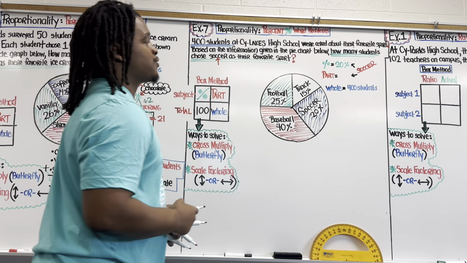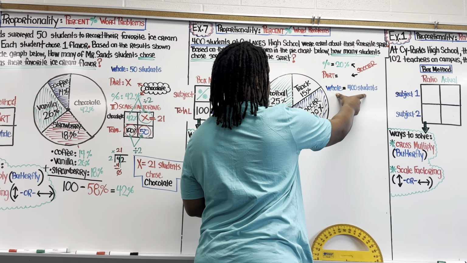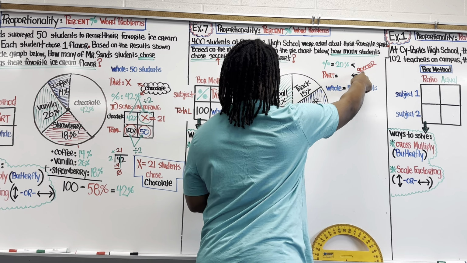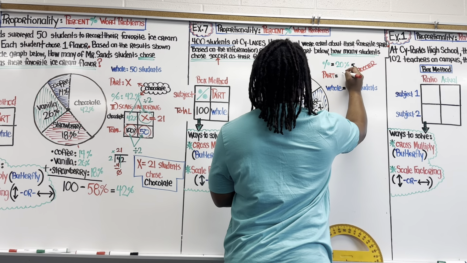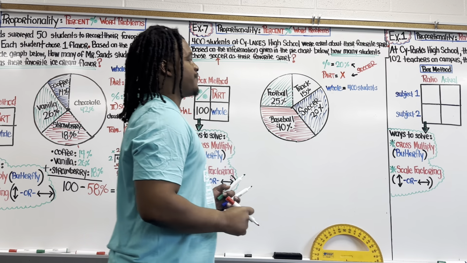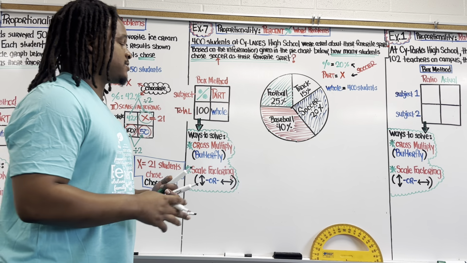And once again, guys, we don't know the part, but because we have the total number of students that participated and the percentage of the students that chose soccer as their favorite sport, we can find out the quantity, or the actual amount of students that chose soccer as their favorite sport, right? So we're just gonna set the part as X, all right?